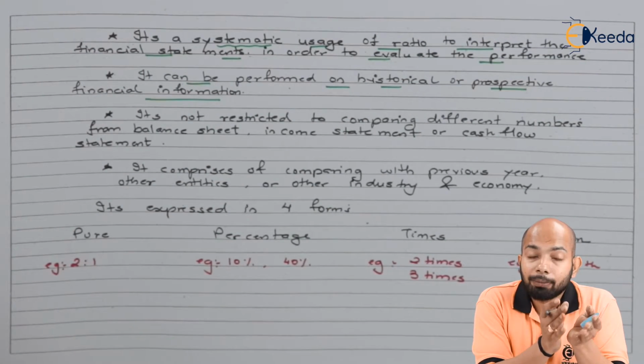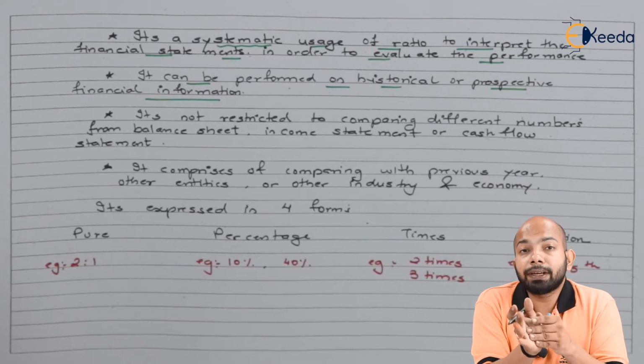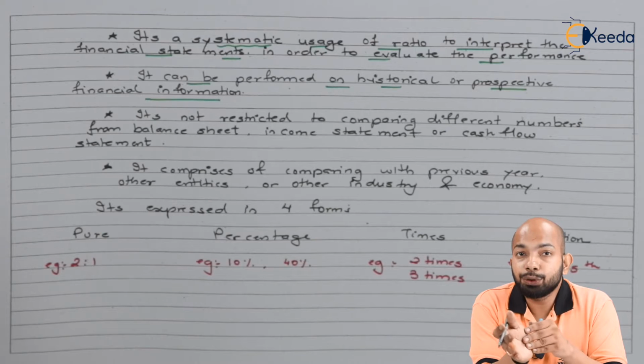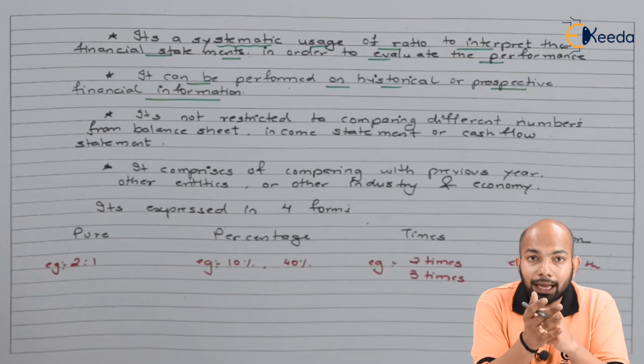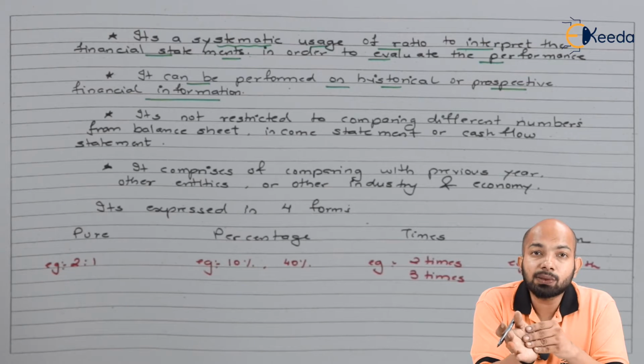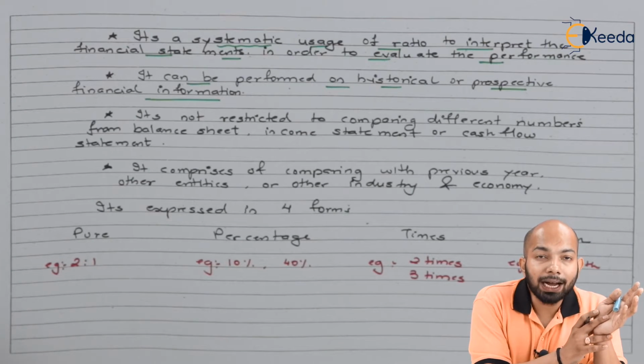Ratio analysis can be performed on historical data as well as prospective data. Prospective means any kind of future data or future expectations that we have, so on a target basis, while performance basis is the past one.